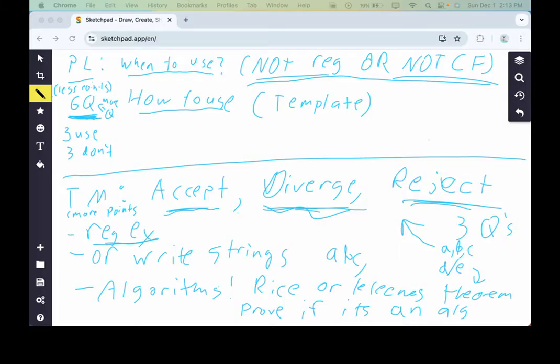Also, let's say you're very good at accepting strings, but you're terrible at rejecting strings. Do the accepting string question. Don't worry about the rejecting. If you can do parts A and B, but you can't do C and D, do A and B. Leave C and D blank. Half points are better than no points.